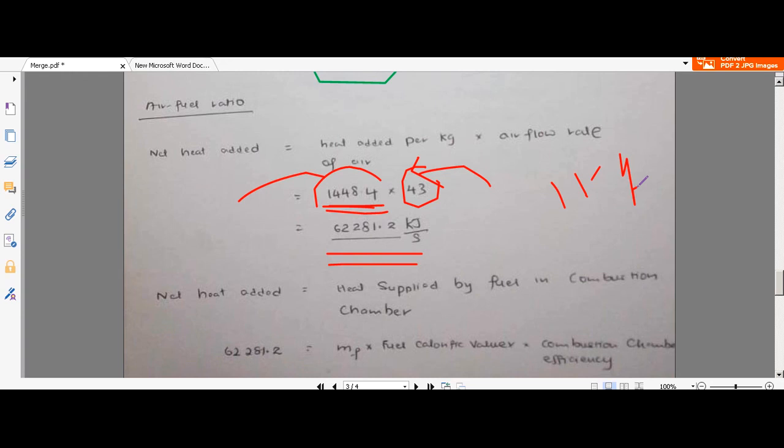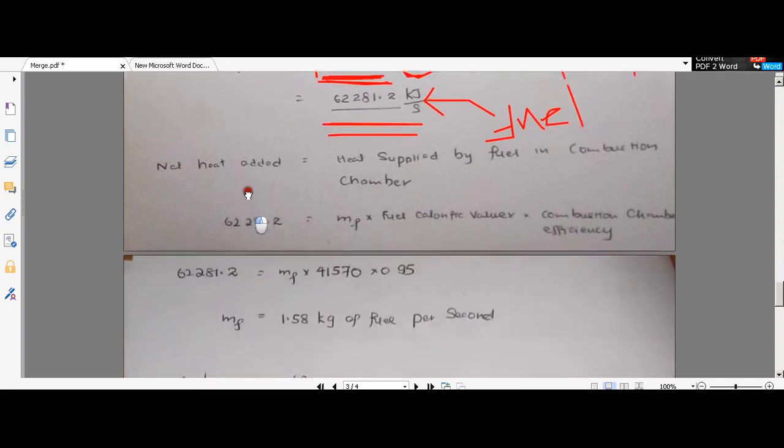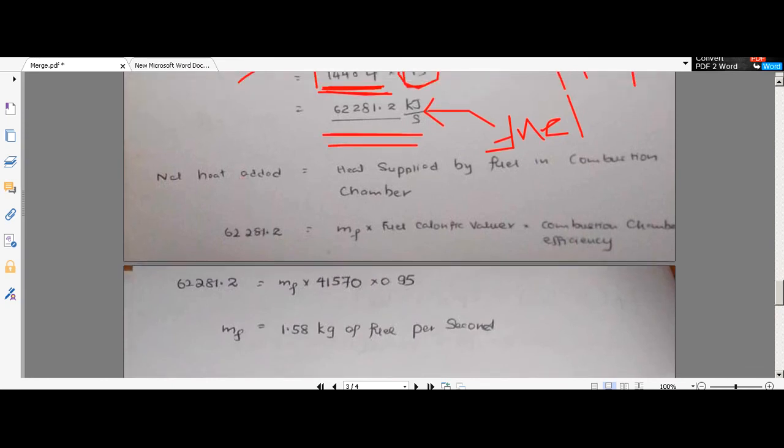So per 1 kilogram of air, this is the required energy that we need to give, and for 43 kilograms of air, this is the energy that we need to get provided from fuel. Okay, fuel. Okay, so then now again focus guys.